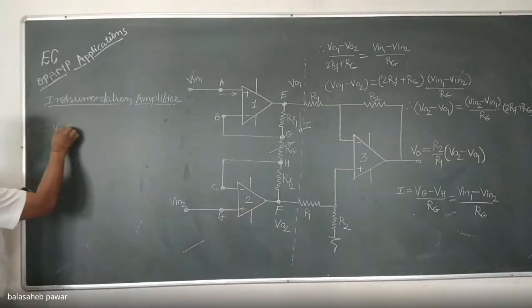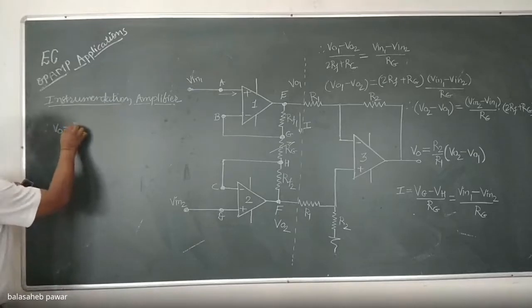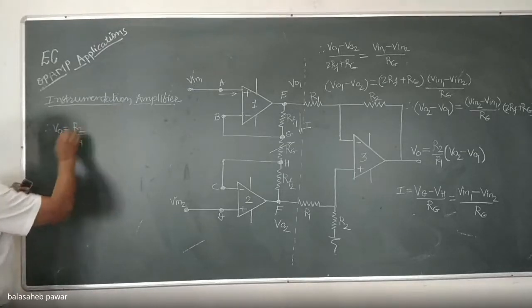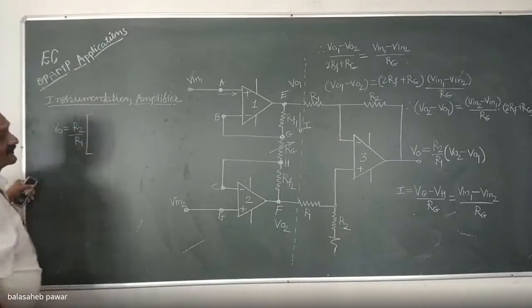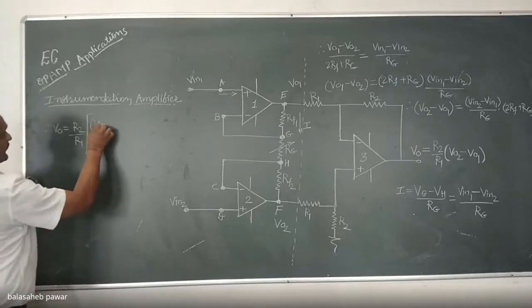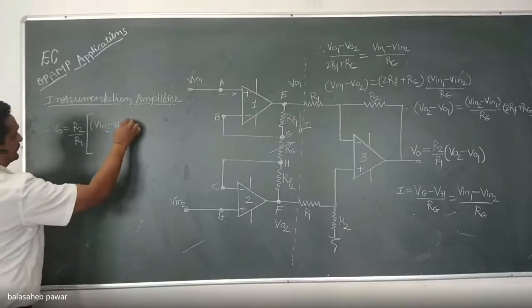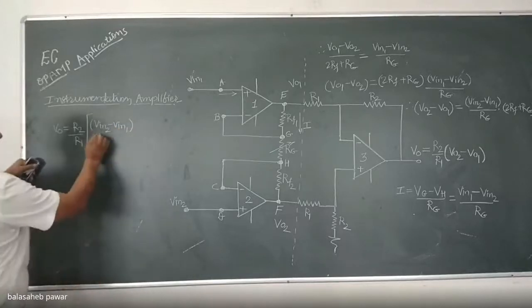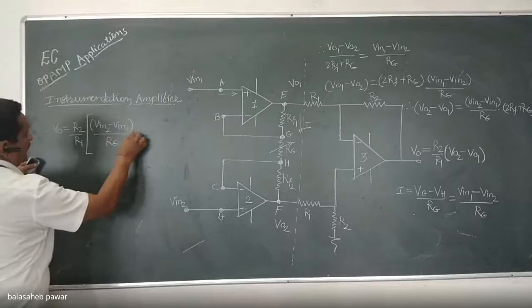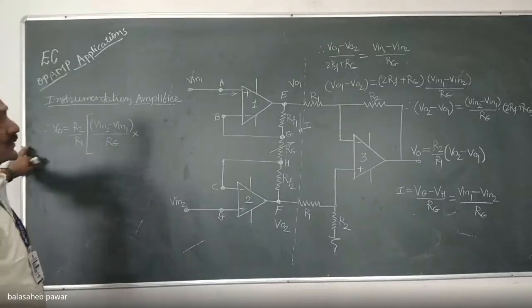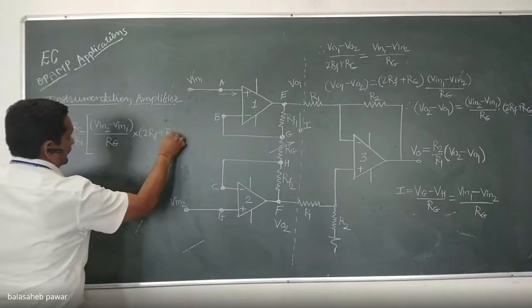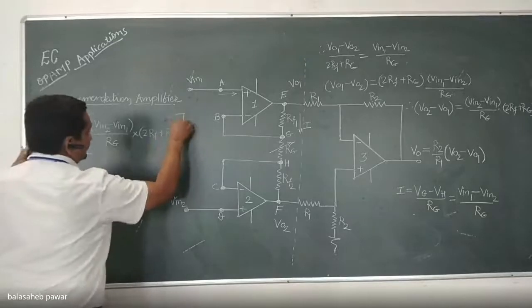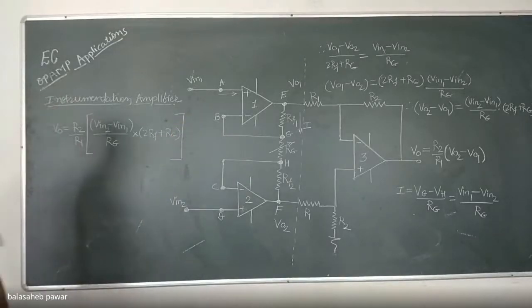That is, VO equals, therefore VO equals R2 by R1 in bracket, I will write that complete equation, Vin2 minus Vin1 divided by RG into twice of RF plus RG. Okay.